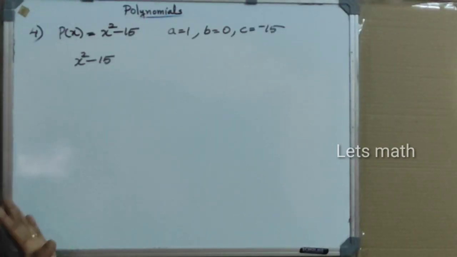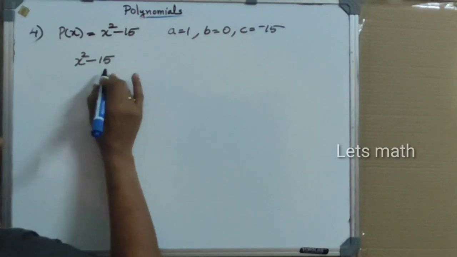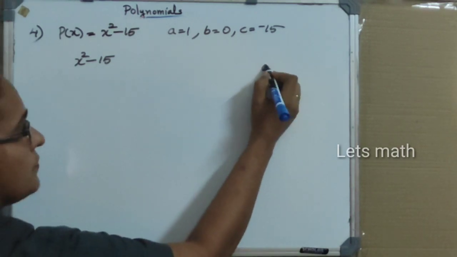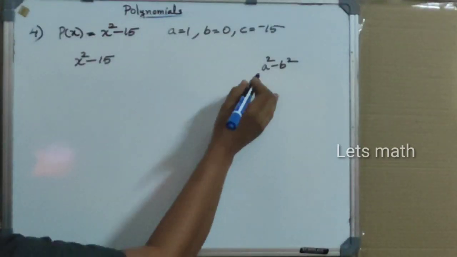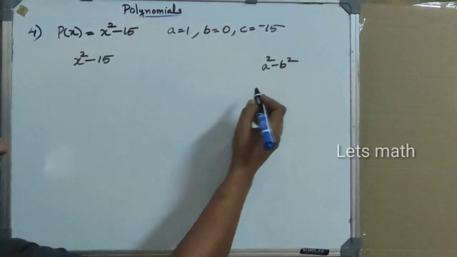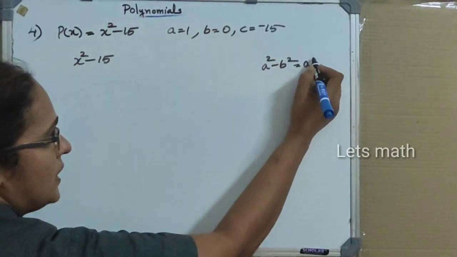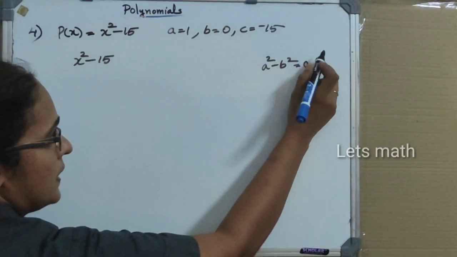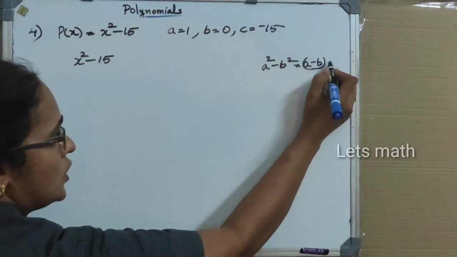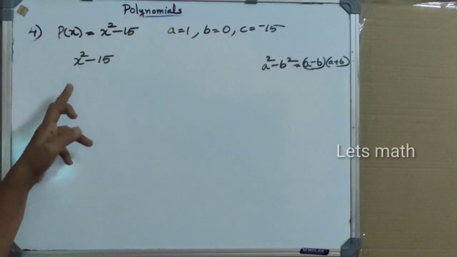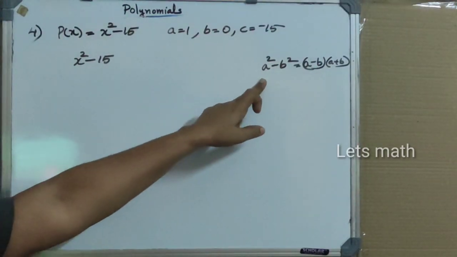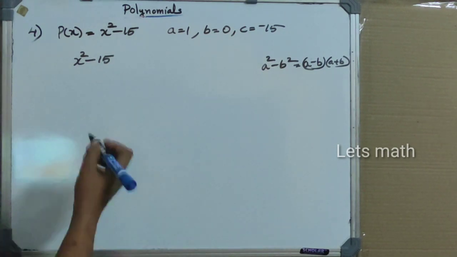Now we try to write this in the form a square minus b square. What are the factors of a square minus b square? It is a minus b into a plus b.